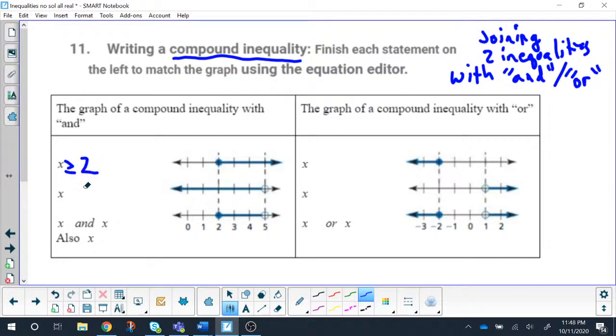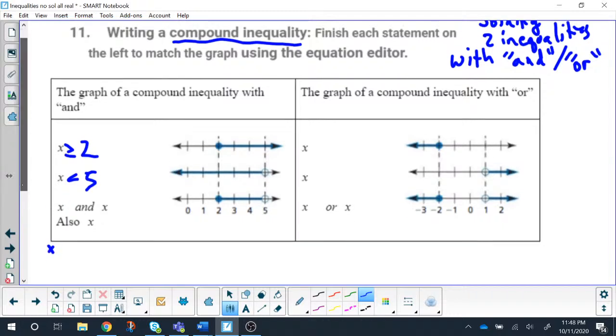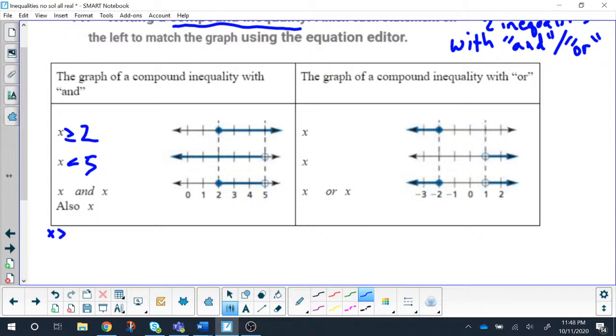And this one's saying X is less than, or actually just less than 5, not equal to. We have the open circle. And so we have that X is greater than, I'm going to rewrite it down here. X is greater than or equal to 2, and X is less than 5.